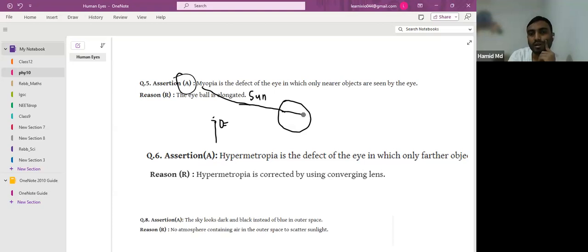So the light will come and it will come to your eyes. So option A is correct for this problem. Internal reflection in water droplets causes dispersion and the final rays are in the backward direction.